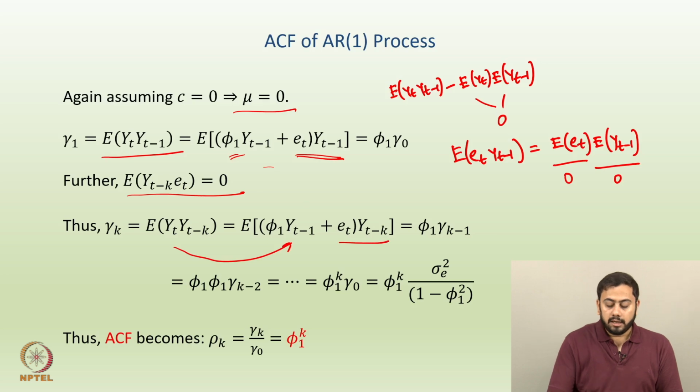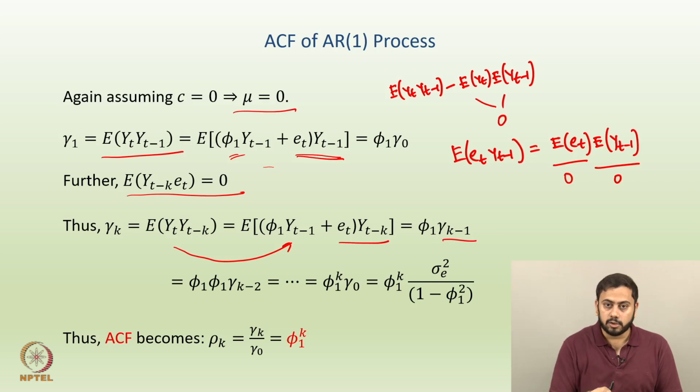Alright. Now if you notice this, something interesting should happen here. I can actually do this recursively. So phi 1 into gamma k minus 1. Now I can expand gamma k minus 1, which will be a function of gamma k minus 2, and similarly for all the further lags.